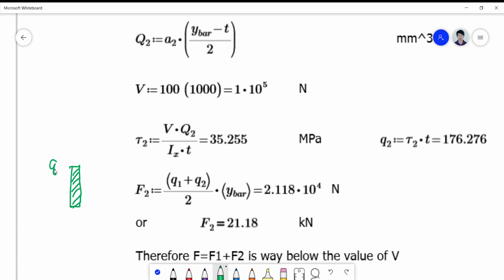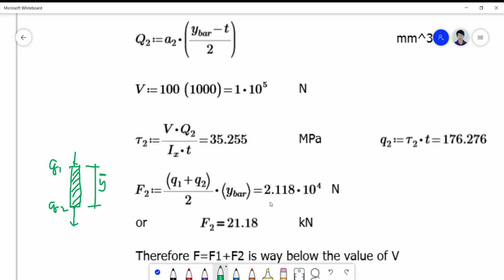Okay, I have a Q1 here, and then I have a Q2 here, and the length of this is simply my Y bar. I cannot write a Y bar in MathCAD, so I just make use of the word bar there, but it's the same as Y bar here. Okay, so Q1 plus Q2 on the average divided by 2 times Y bar becomes 21.18 kilonewton.